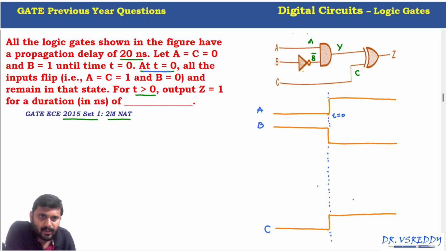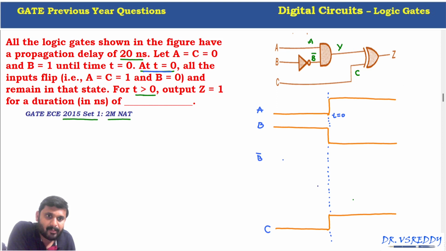At T equals 0, B equals 0. Now the NOT gate output B complement is 1. So at T equals 0, B becomes 1 to 0, but the NOT gate requires 20 nanoseconds to get the proper output. So this is the B complement.